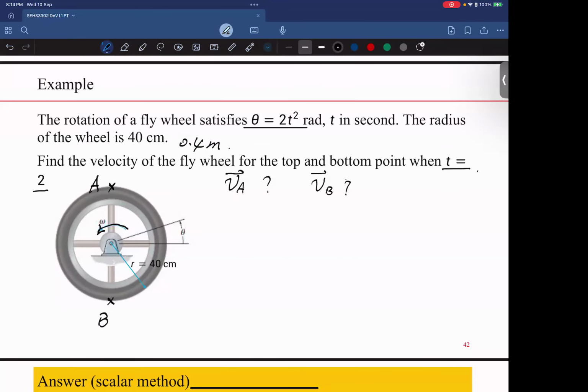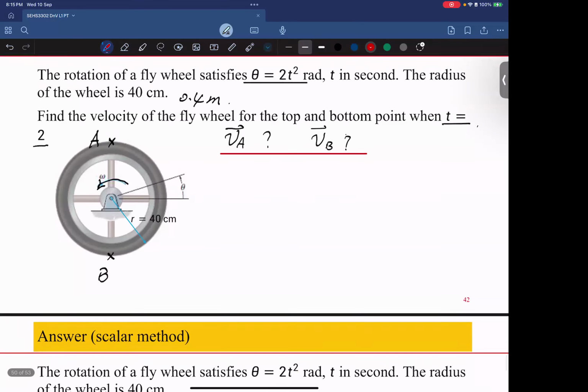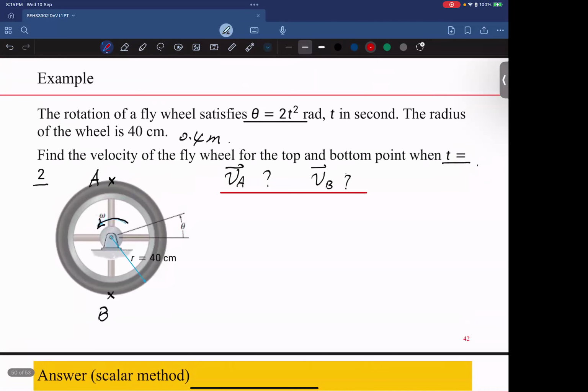Okay, let's move on. We want to find the vector of VA and VB, which means we want to know the direction and magnitude.